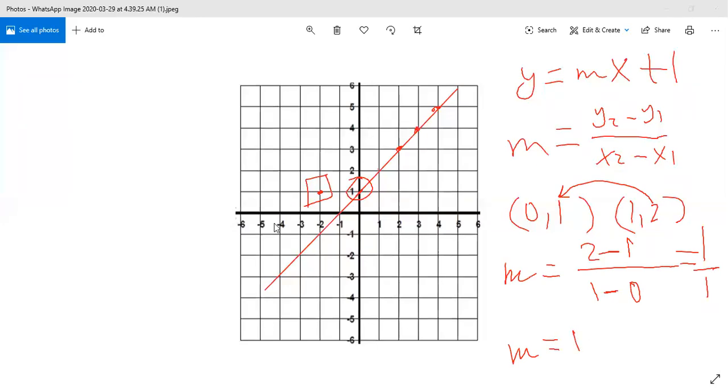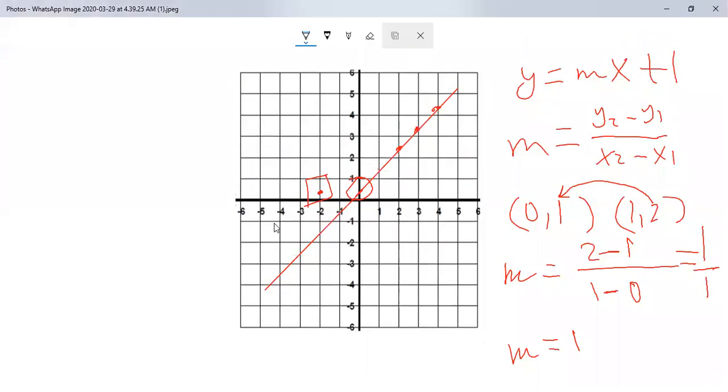Lana, can you tell me the equation of this straight line? Y equals... Can you, or do you need help?